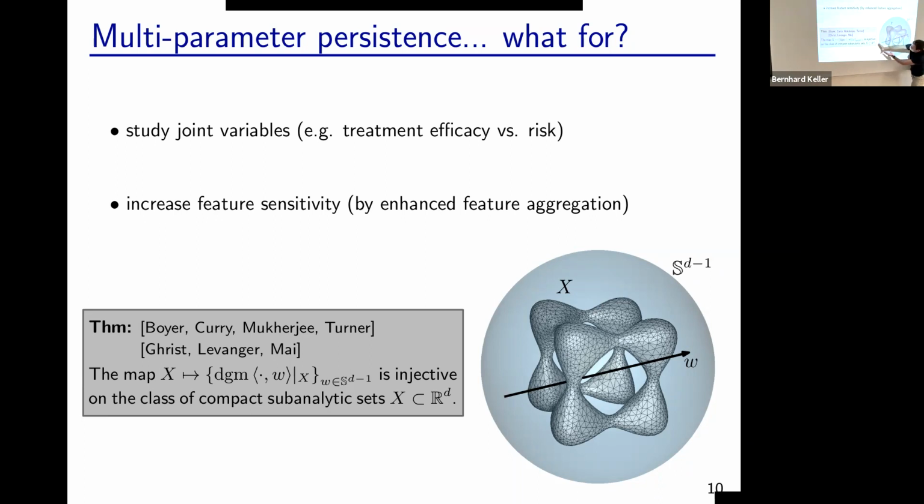So we start from the empty set, and then I would have maybe this part here, and it would grow. If you do that, then of course it's easy to build two compact analytic subsets of R^d that will have the same barcode but are different nonetheless. But now if I let the direction range over the whole sphere of directions, and I collect all the persistence diagrams that I obtain this way by this construction, then in fact the transform that I'm building is injective: two different compact subanalytic subsets will give me two different collections of barcodes.